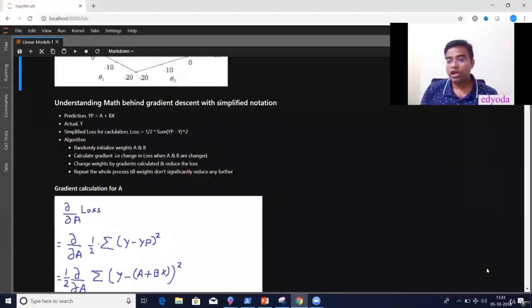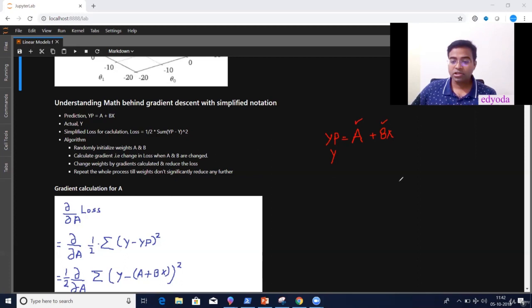Now, for the simplicity of the math, we have made some assumptions so that we can understand the algorithm. Let's say this YP is our target, or the prediction. A is the intercept and B is the coefficient, and Y is your actual.